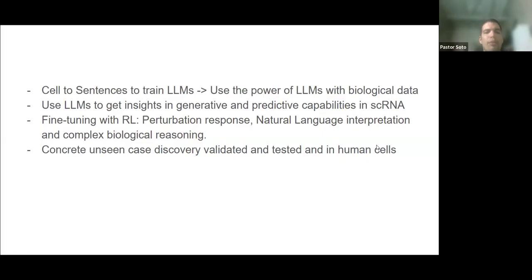They use fine-tuning with reinforcement learning. They also evaluate perturbation response, natural language interpretation, and complex biological reasoning, which we will see later in the discussion. They were also able to validate and test in human cells, which was one of the most surprising things that I found in this paper.